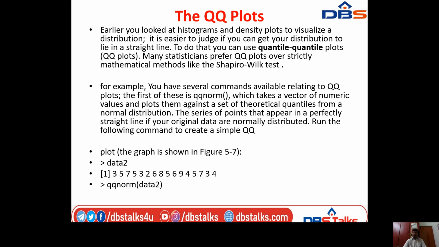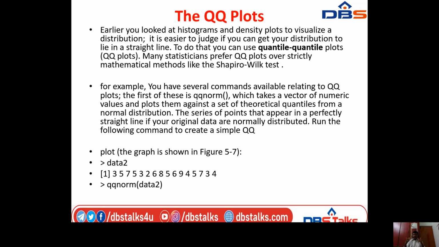The first of these is qqnorm. qqnorm is the general command especially used to produce this type of plotting, which takes a vector of numerical values and plots them against a set of theoretical quantiles from a normal distribution. Different types of quantiles are taken, such as 10%, 20%, 25%, 50%, 75%.